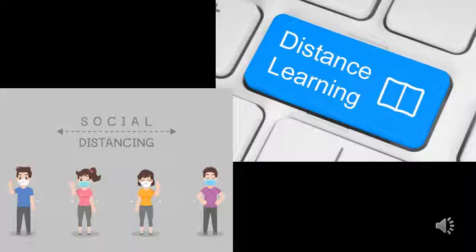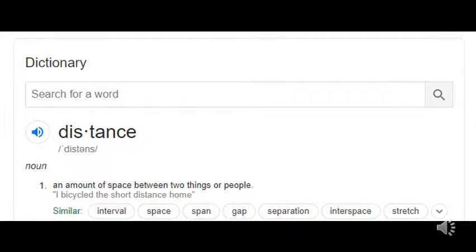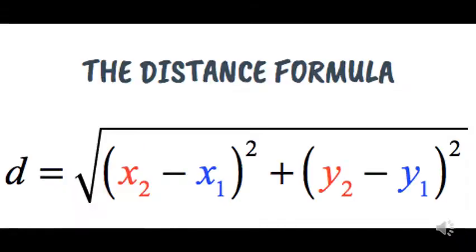But the distance we deal with in conic sections really doesn't have to do with either of those. We're talking about geometric distance, and the definition of distance says that it's the amount of space between two things. That's basically what we're talking about here, how far apart things are.